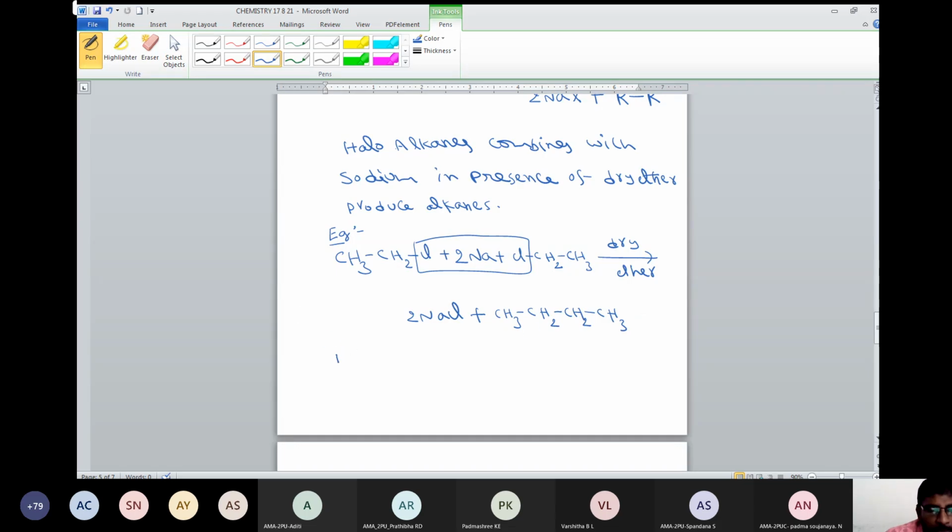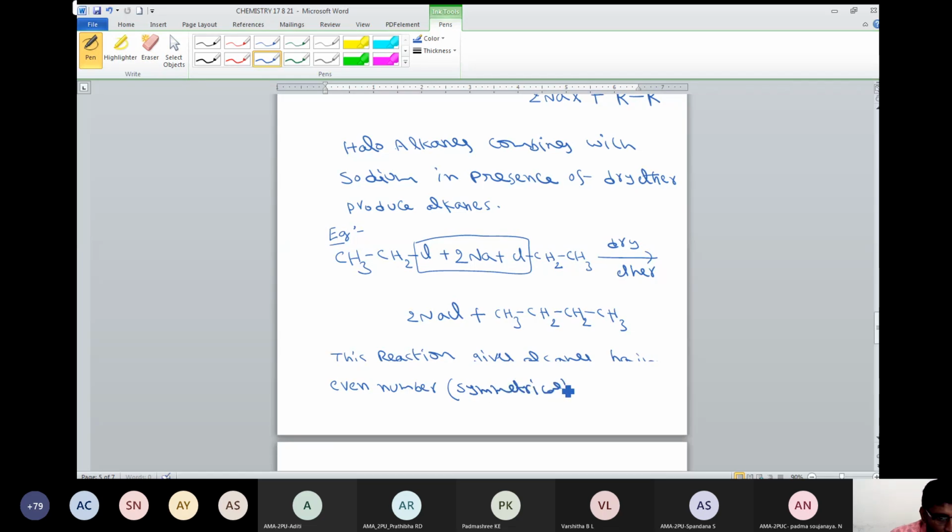That means this reaction gives alkanes having an even number of carbon atoms. In brackets, it is also called symmetrical.